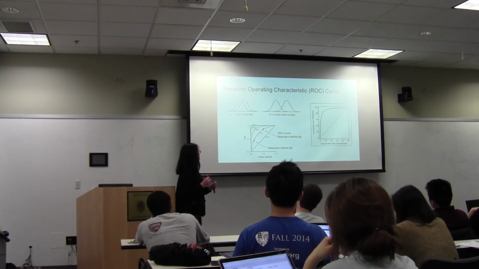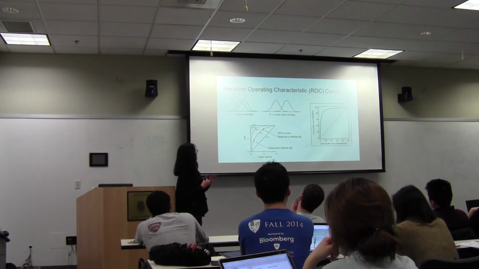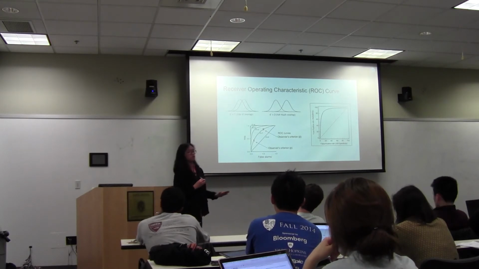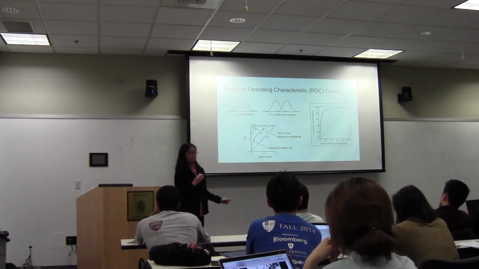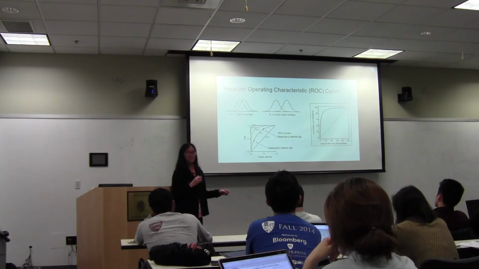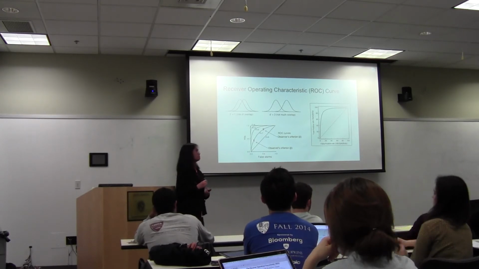A smaller beta value moves you to the left on your distributions graph, so you're going to have more hits but also more false alarms, so you're going to be higher on your ROC curve, and the other way around for greater beta.